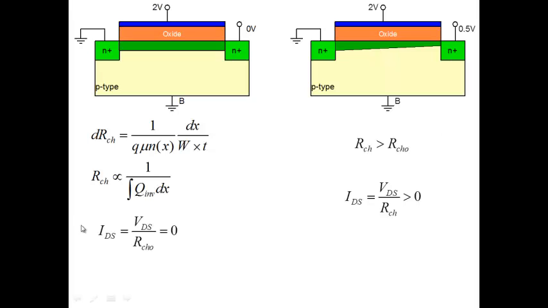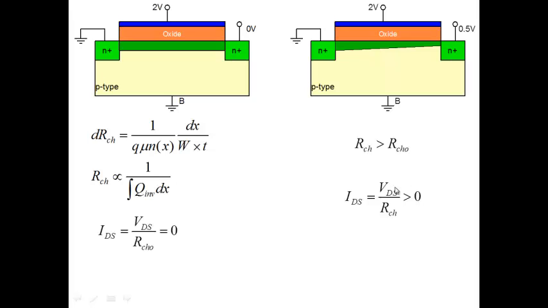As I increase my drain to source voltage here, the numerator increases, VDS increases, and what happens to R channel? R channel also increases. Because the larger the drain to source voltage that you apply, the smaller the inversion charge becomes, and throughout the channel the inversion charge decreases, except very close to the source where it remains practically constant.